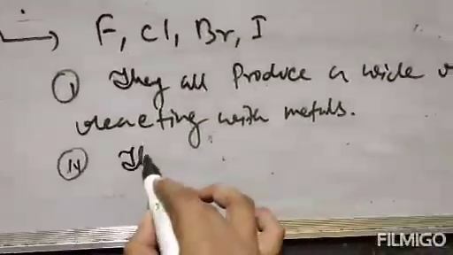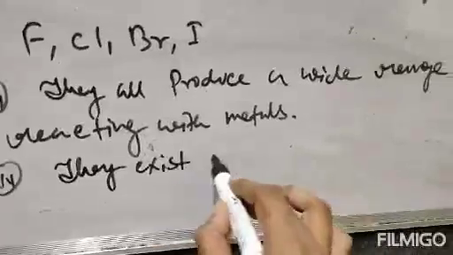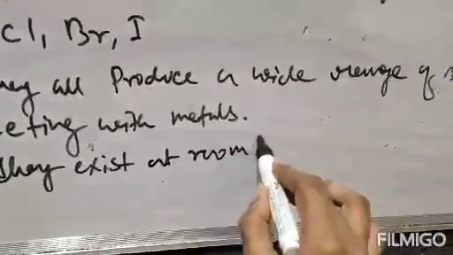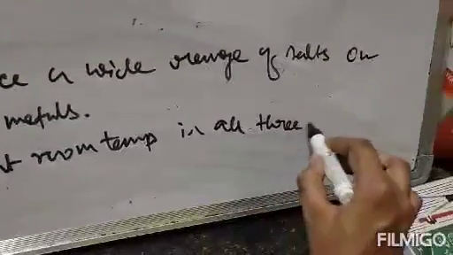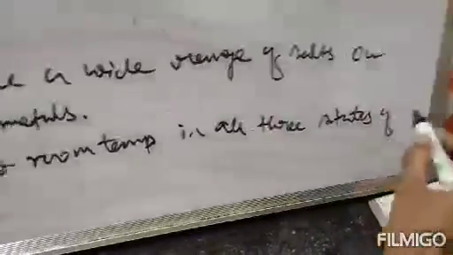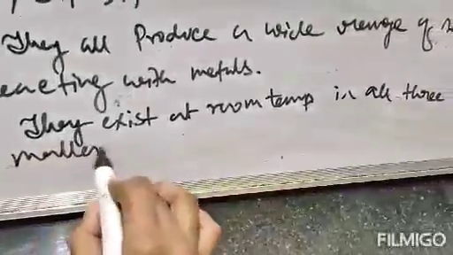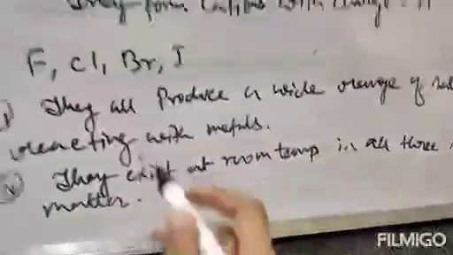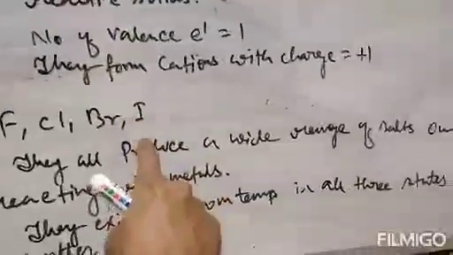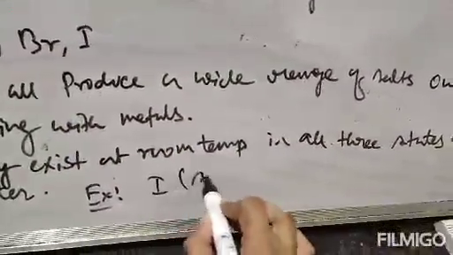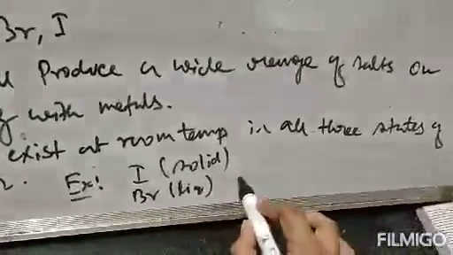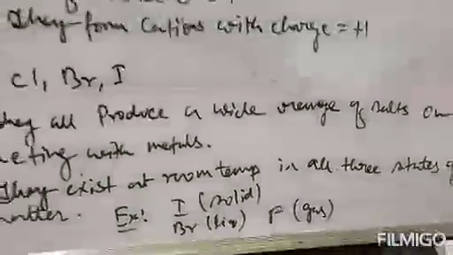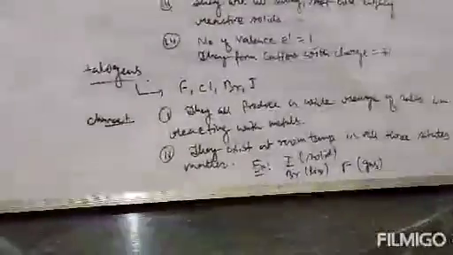For example, iodine is solid at room temperature, bromine is liquid, and fluorine is gas. That means in group 17 elements all the 3 states of matter can be found.